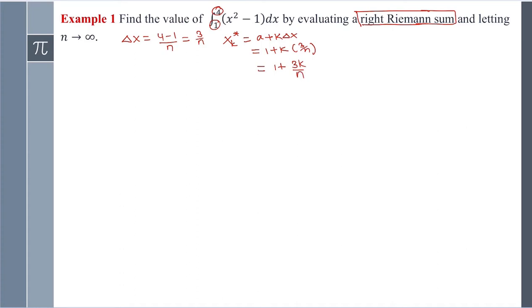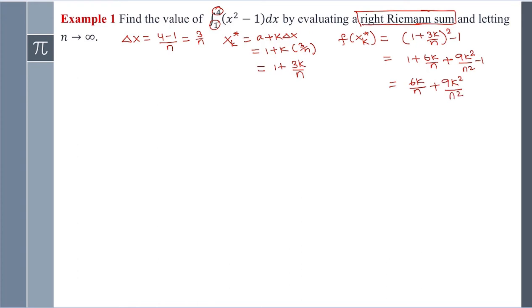Now the next thing is to evaluate the function at x sub k star, which is x squared minus 1, so we have 1 plus 3k over n, squared, minus 1. When we expand this, we get 1 plus 6k over n plus 9k squared over n squared, minus 1. So 1 minus 1 is 0, and we get 6k over n plus 9k squared over n squared.